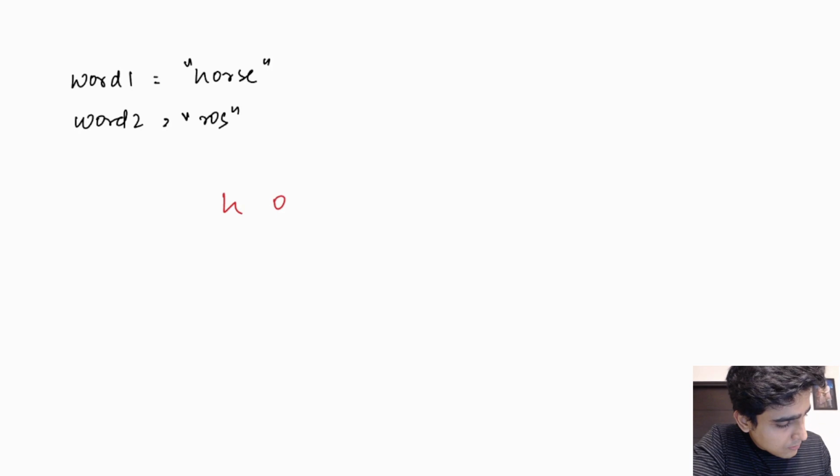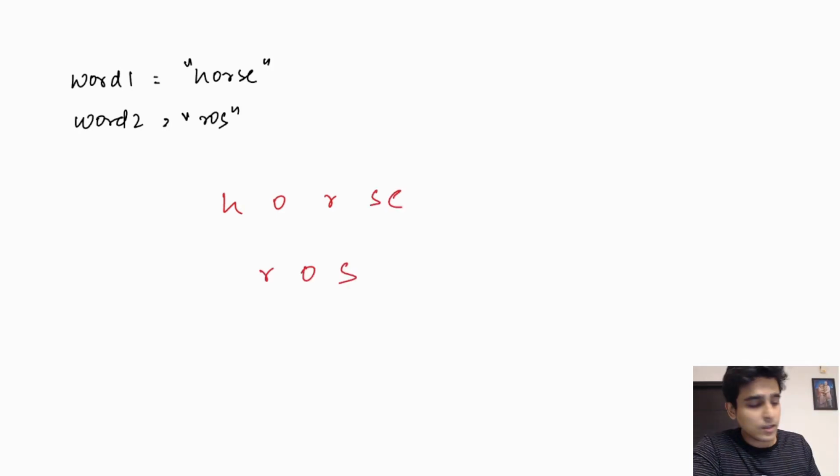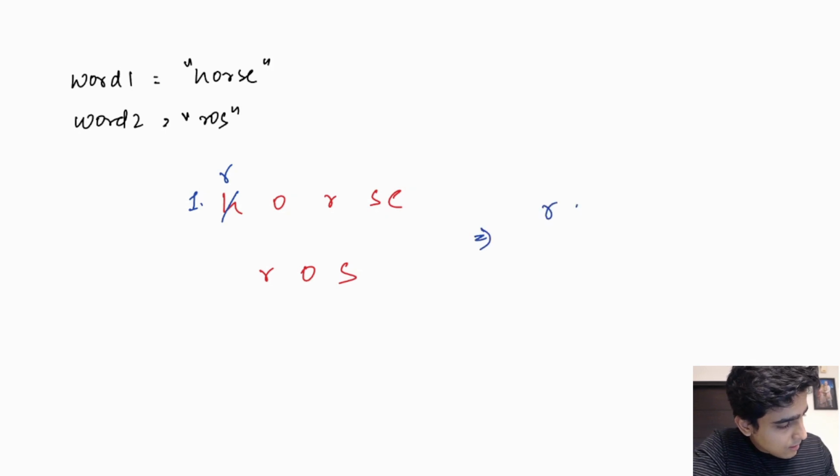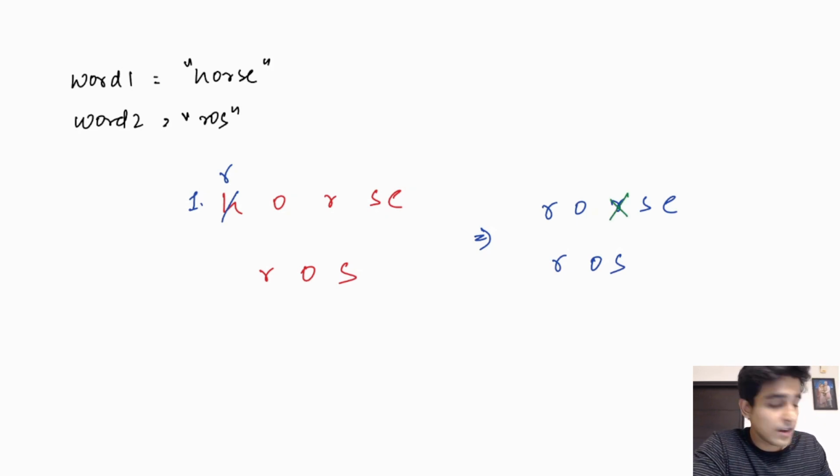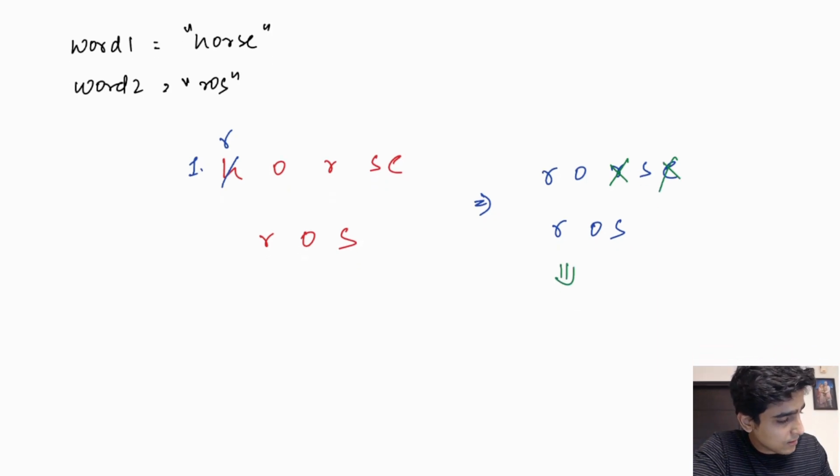So this is horse and this is ros. The first operation is to replace H with R, so you will get RORSE and ROS. Then the second operation is to delete this R, and the third operation is to delete this E. So finally you will get ROS and ROS.